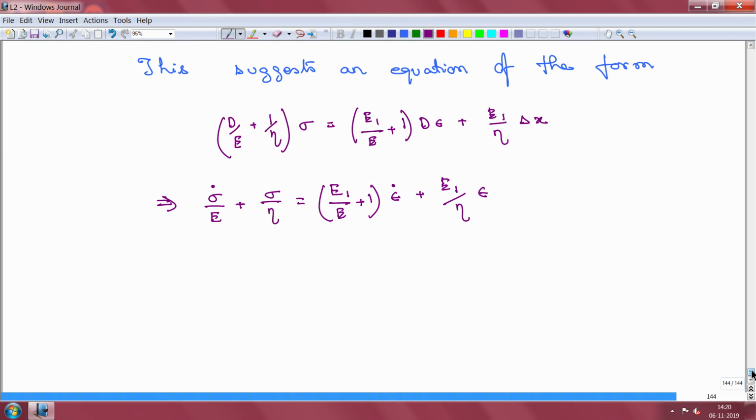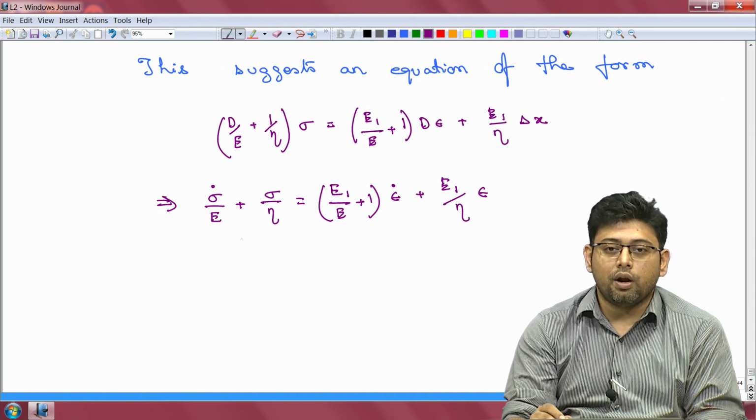Now, because of a certain reason, what I am going to do is, so now we again have another first order equation, but it involves derivatives of both stress and the strain in this case. So, you can think of this as some simple linear polynomial on this side.